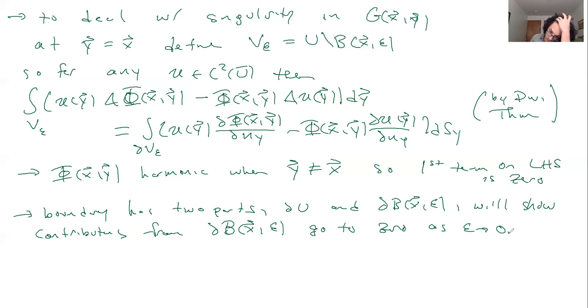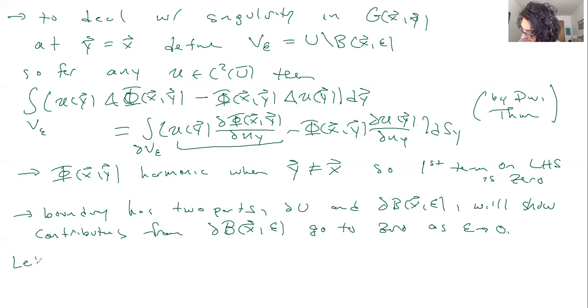So in order to do this, let's compute a couple of these pieces of the integral, right? So the first of these is going to be this part, evaluated on the surface of the ball.